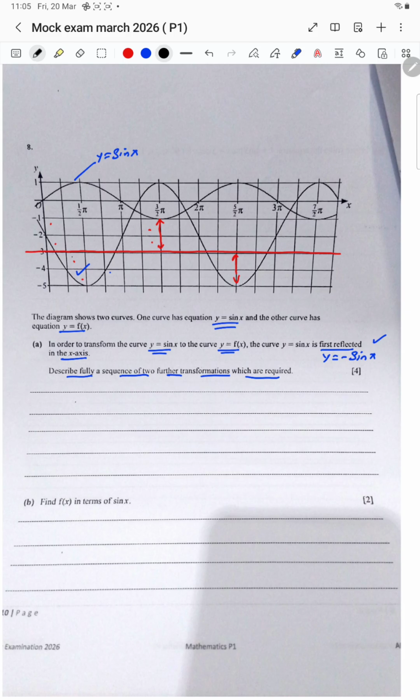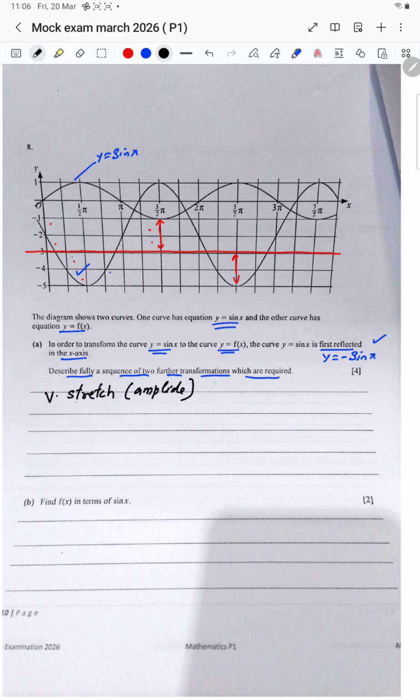One is already given, so it is very clear that the first thing is a vertical stretch. A vertical stretch means you can say the amplitude.